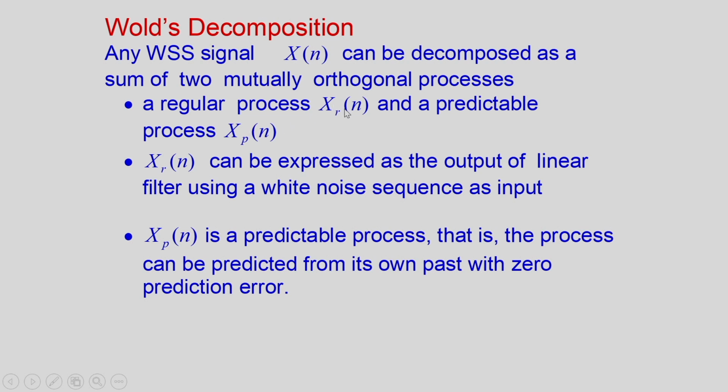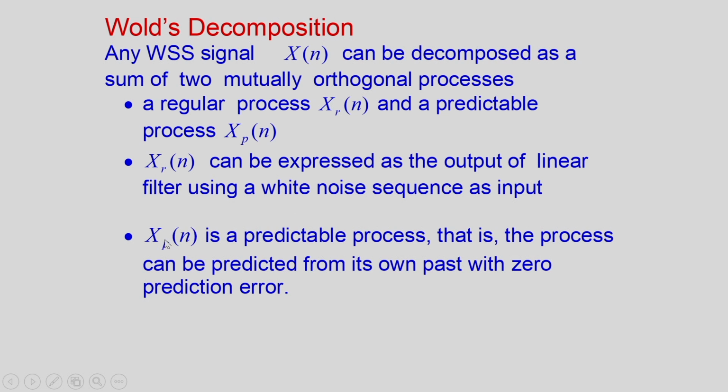E of XR[n] times XP[n] will be equal to 0. Because the factorization theorem is valid in the case of XR[n], it can be expressed as the output of a linear time invariant filter using a white noise sequence as the input.